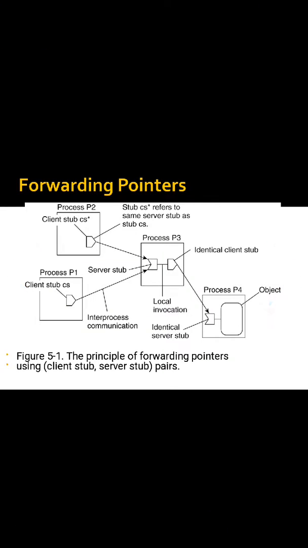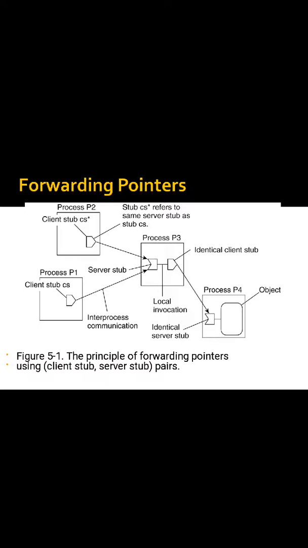this figure shows the principle of forwarding pointers using client stub and server stub pairs. Each process has a client stub, that is CS. Process 1's client stub has intercommunication with process 3's server stub. Process 2's client stub also has intercommunication with process 3's server stub.